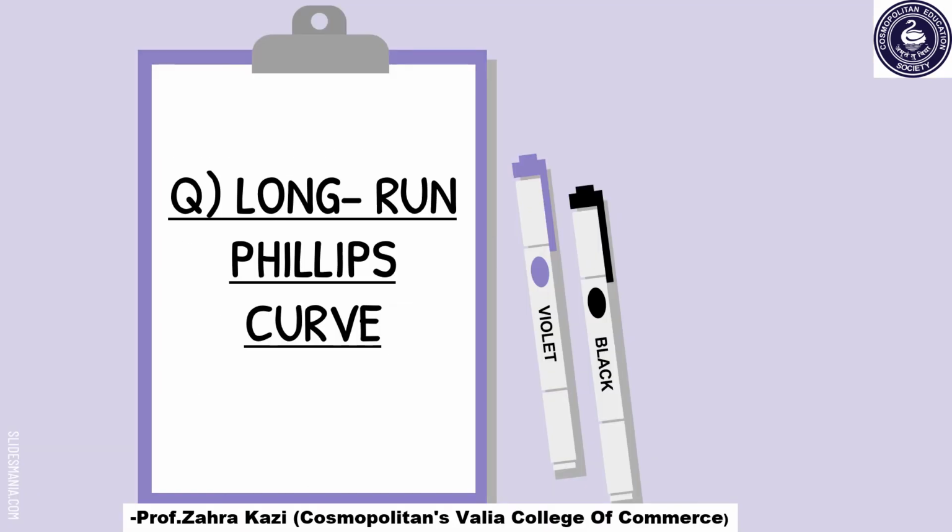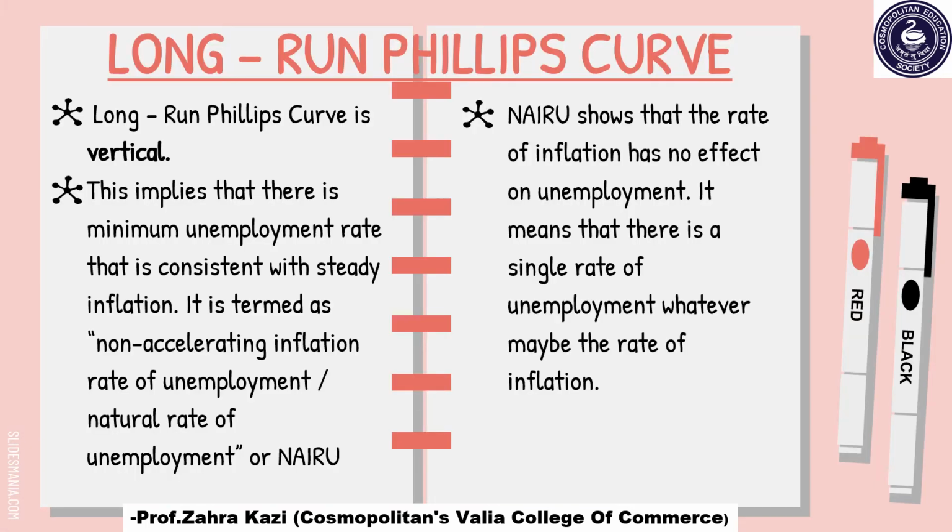Now let's understand the next topic under Phillips curve, that is the long run Phillips curve. The shape of the long run Phillips curve is always vertical, a vertical straight line.